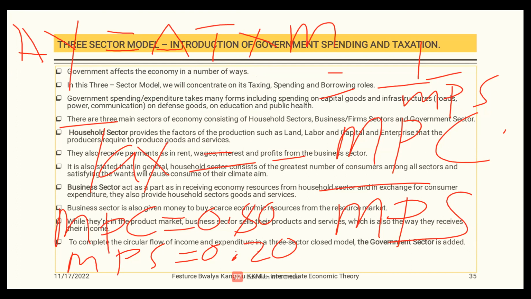It is MPC, which is 0.80, divided by 0.20, negative. Tax always has the negative effect. What would be the tax multiplier?